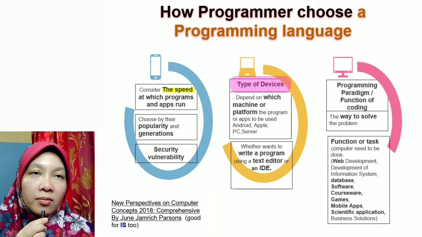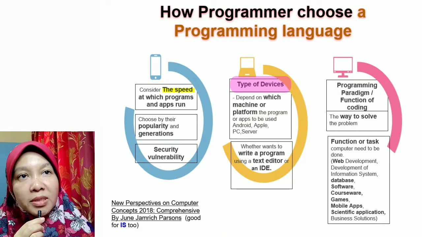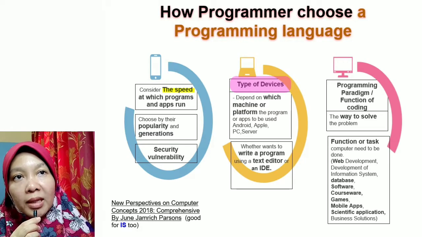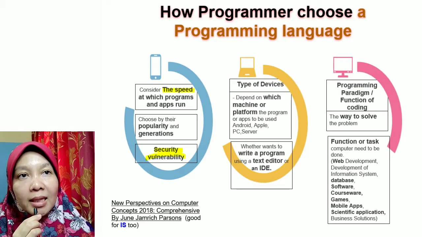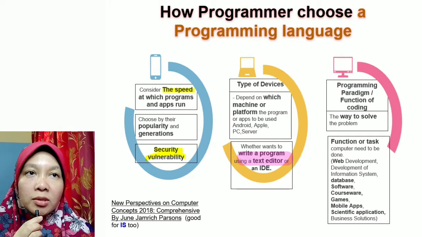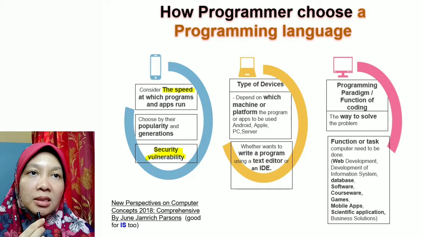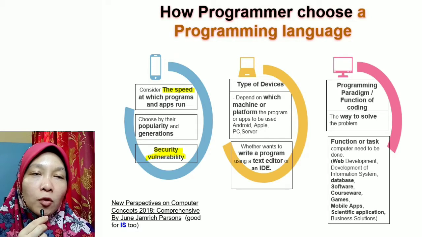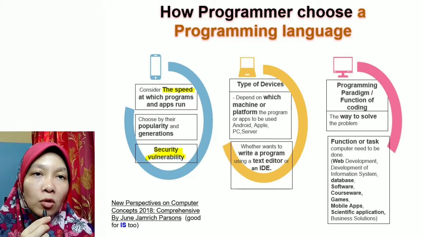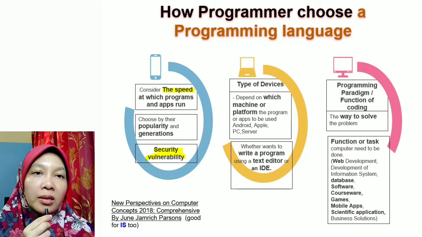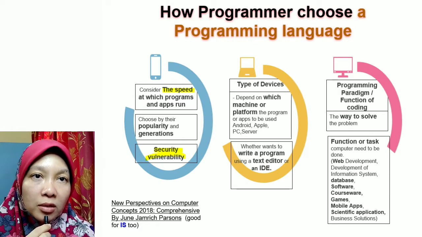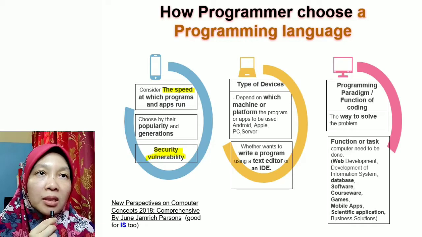Number 4, type of device, what platform, what machine they will use, what apps they want to create, and whether they want to write a program using a text editor or an IDE, integrated development environment. What is an integrated development environment? It's software that we can use to write instructions, to test, and to compile, to see whether it can solve the problem that we want.